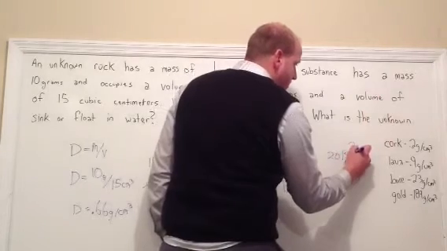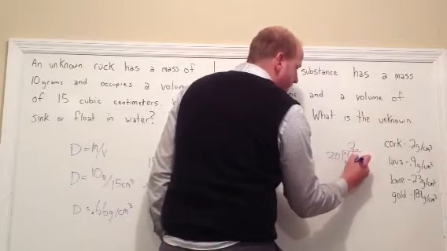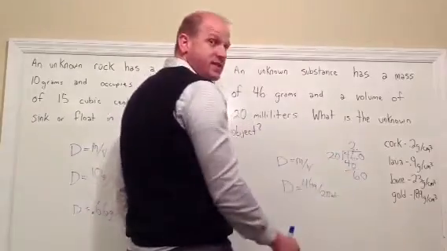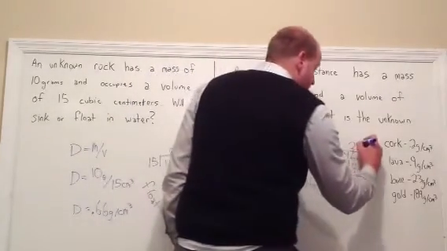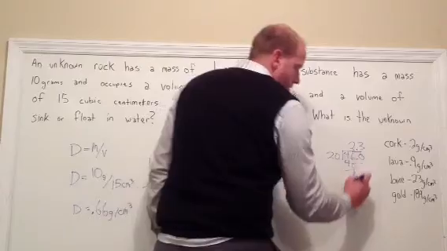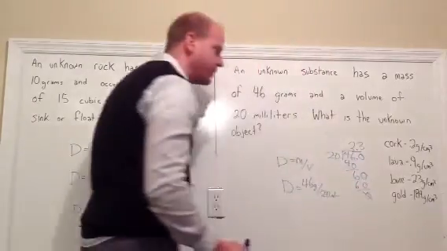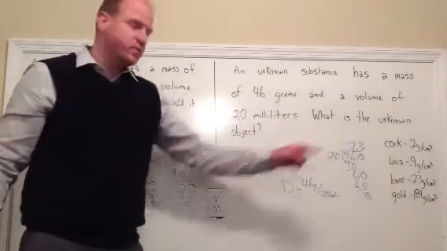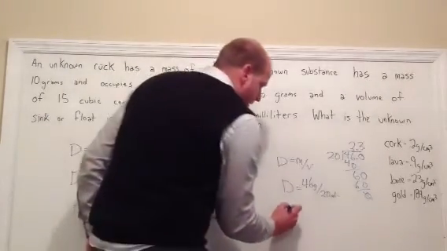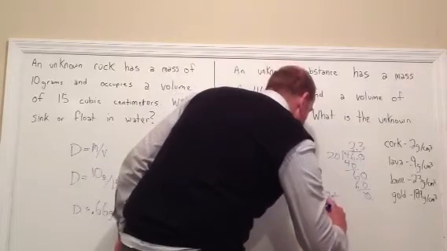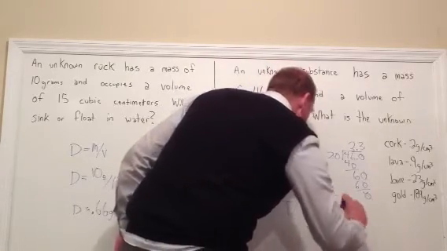So I'm going to add a decimal point, add a 0, and drop that 0 down here. 20 goes into 60 3 times. 3 times 20 is 60, leaving me with a remainder of 0. So the answer on this one is the density is equal to 2.3 grams per milliliter.